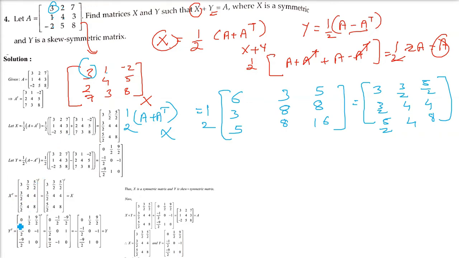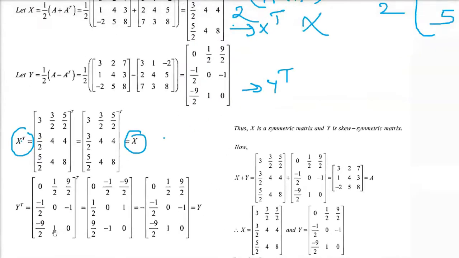So you have to transpose the X, you have to transpose the Y and show that X transpose is coming X and Y transpose is coming negative Y. I hope you got the idea. I am saying X is symmetric. So you have to show that when we transpose X, the same matrix is what we are getting. And for Y, when we transpose, the negative of Y we are getting.